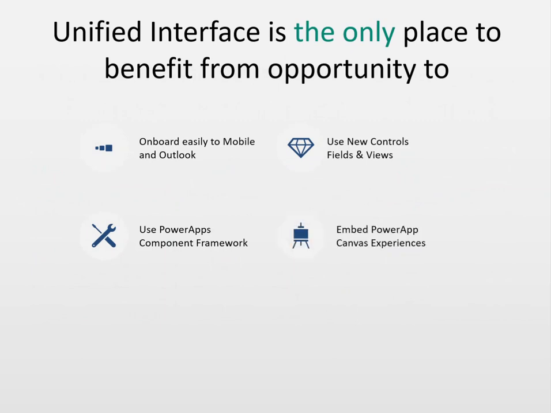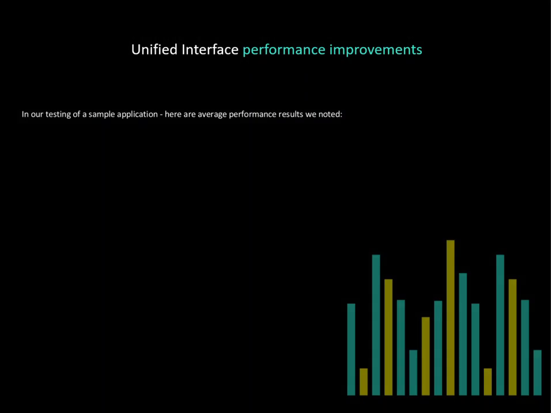At the same time, now you can embed Power App Canvas inside a Power App data model, and likewise you can integrate it with Power BI. And again, there is a very good impact on the UI and performance. So, performance in numbers.